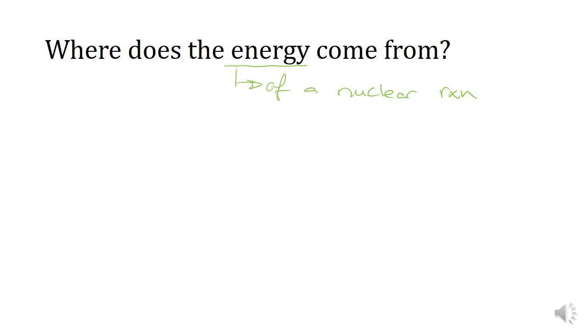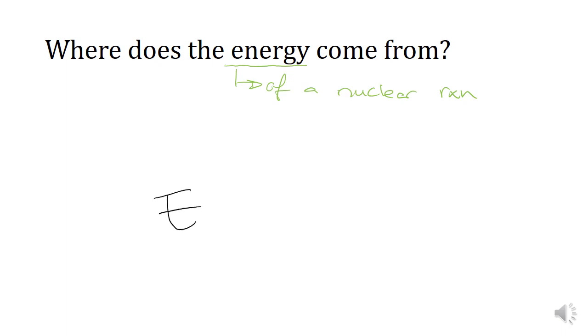Nuclear reactions don't quite play by the same rules. They do in a lot of ways, which we'll discuss in a moment, but the energy of a nuclear reaction comes from the most famous equation in modern science.